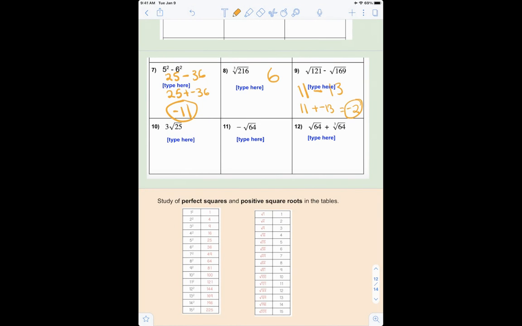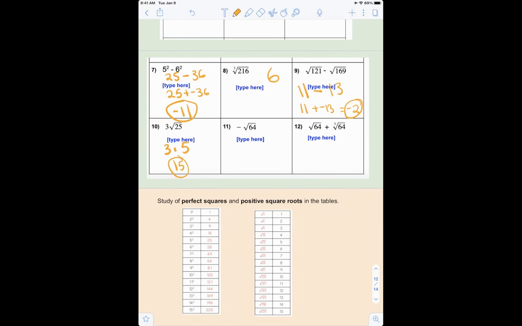On the next problem, 3, and the operation between the 3 and the square root is multiplication. So this is 3 times the square root of 25, and the square root of 25 is 5. So 3 times 5 is 15. On this next problem, we are looking for the negative square root of 64, and you'll notice the negative symbol is outside the parentheses.